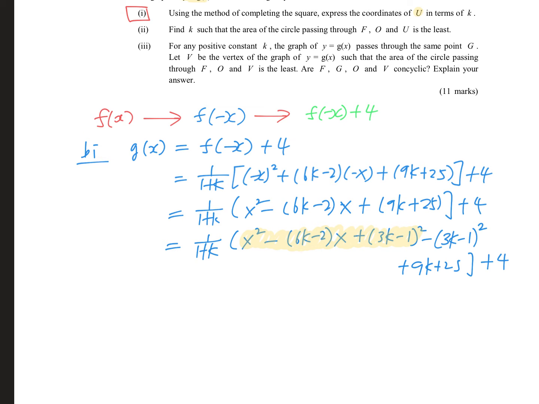And then for the other stuff, maybe we try to simplify this first. So for the first three terms, there will be (x minus 3k minus 1) squared.